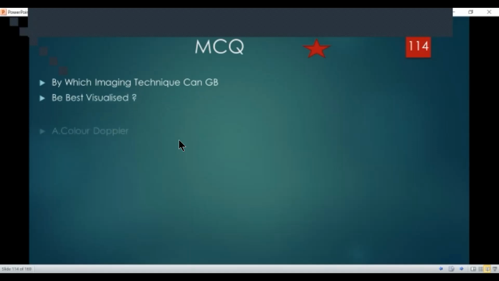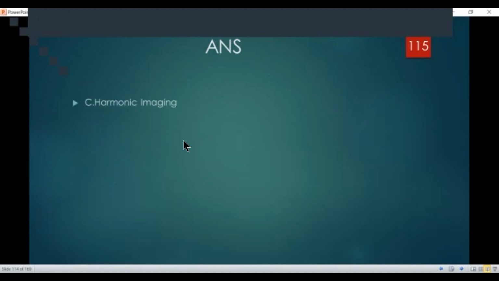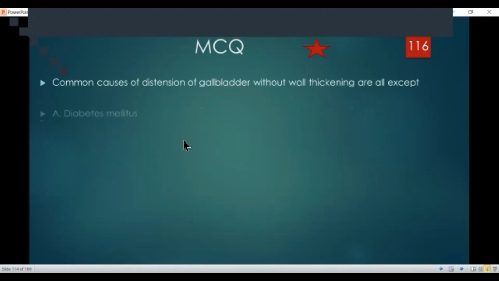By which imaging modality can the gallbladder be best visualized? Yes, the best technique is harmonic imaging. Common cause of distension of the gallbladder without wall thickening, all are except.